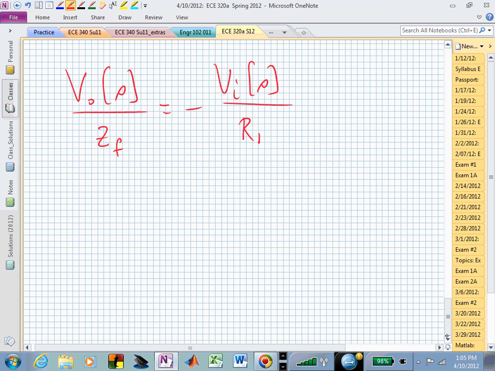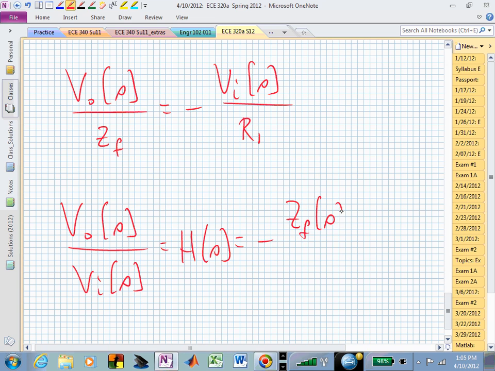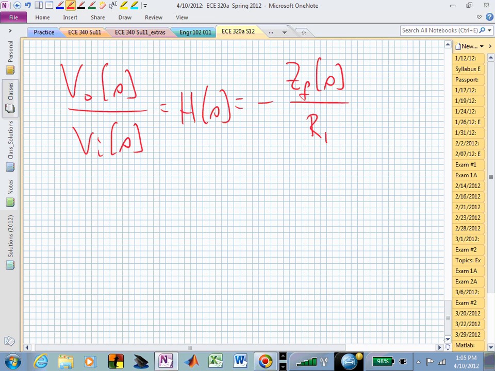In this case, I now have V sub naught of S over V sub I of S. That's my transfer function. That's simply minus Z sub F, which is a function of S, over R sub 1. And my Z sub F of S, I've already computed, and that was R sub 2. Let me go ahead and divide that by R1, and then I had S R sub 2 C plus 1.